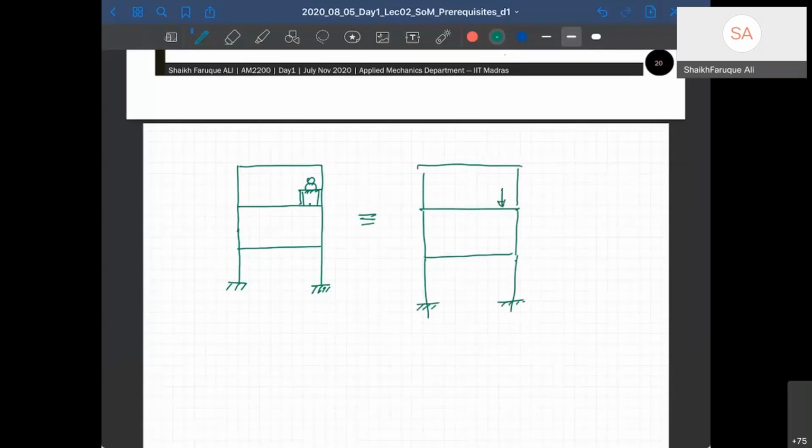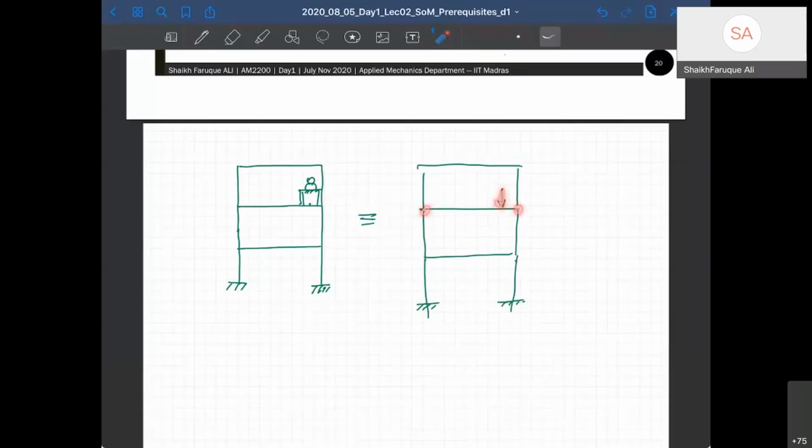When I put this load here, it has to transfer to this joint and this joint, and then move down to the ground foundation and be released there. So what happens between this joint and this joint when this load comes in?